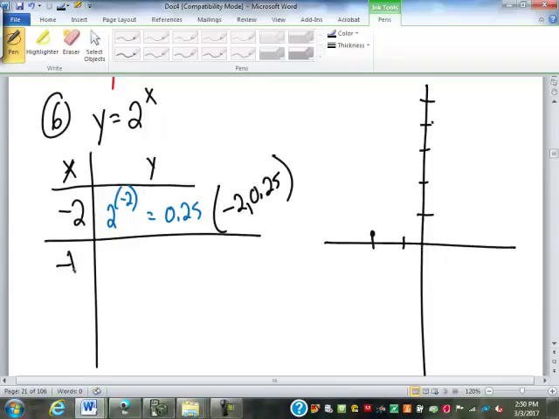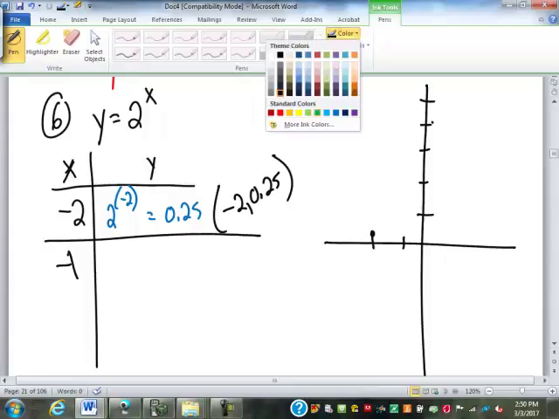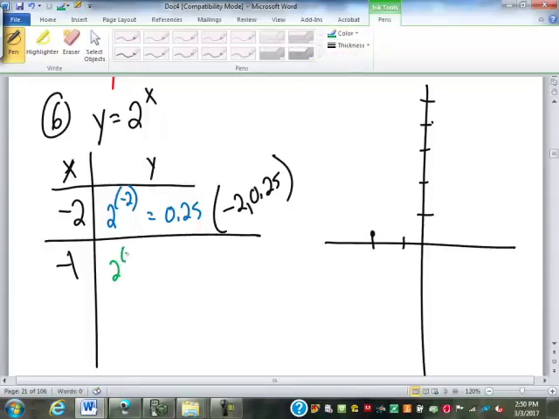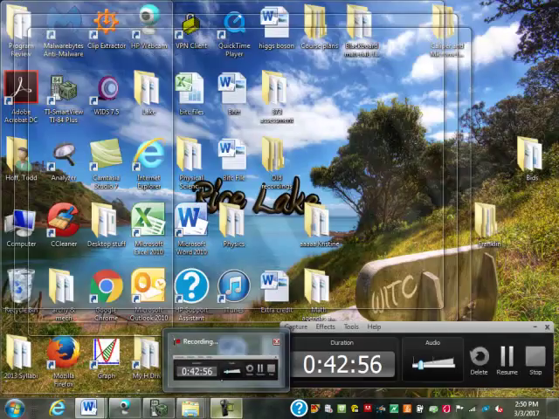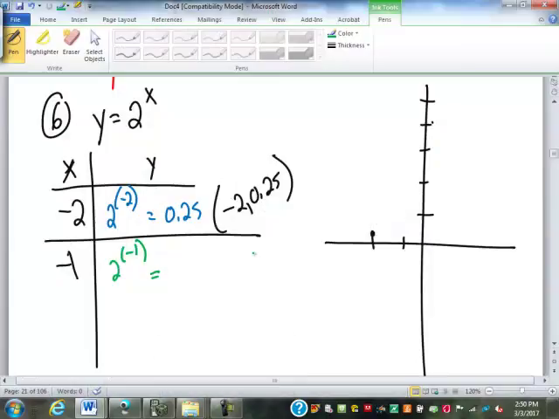If x is -1, let's focus a little bit, guys. So it's 2 to the power of -1. What do we get for 2 to the power of -1? Oops. 2 to the power of -1 is what?